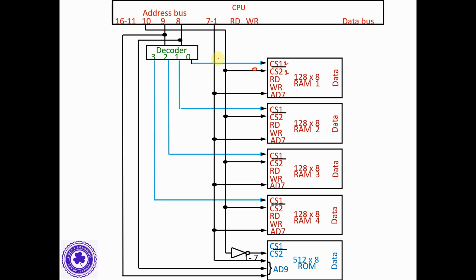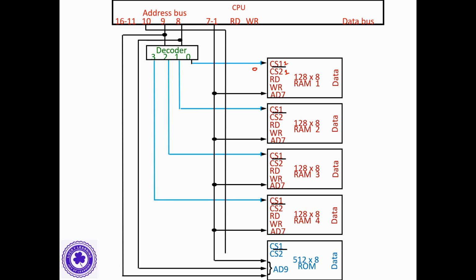If the 10th bit is 1, it is not going to select a RAM. If the 10th bit is 1, CS2 complement is 0, so 1 0. If the 10th bit is 1, CS1 is 1, CS2 is also 1. 1 1 will not select the RAM chips. It will make the RAM chip go into high impedance state.